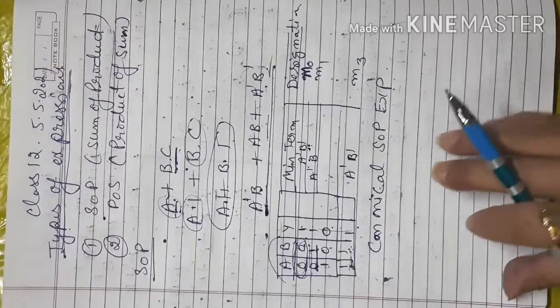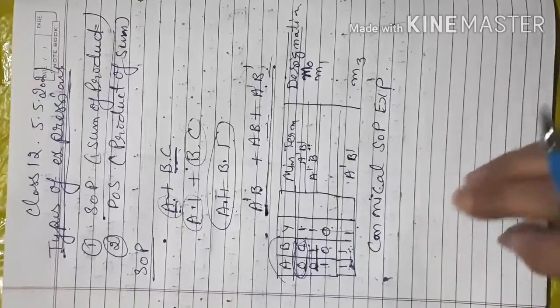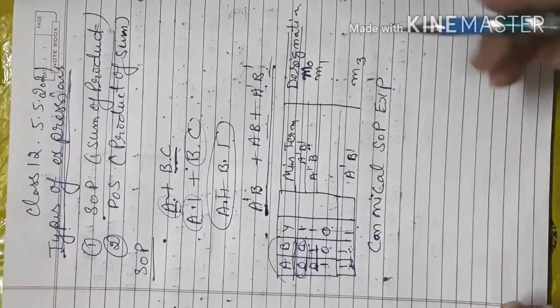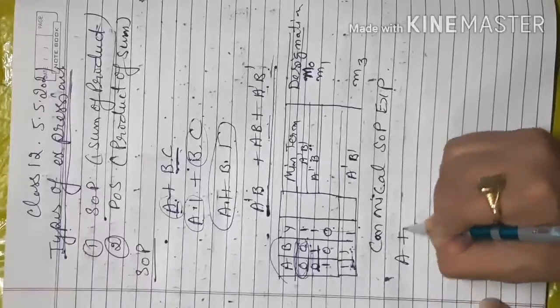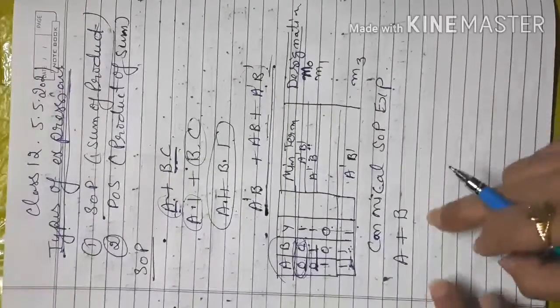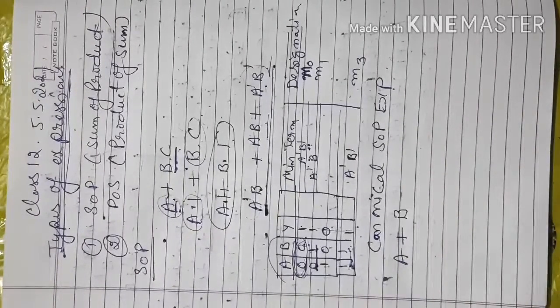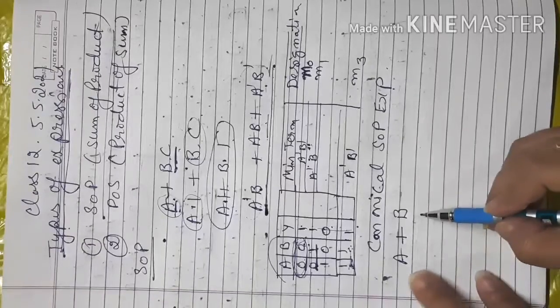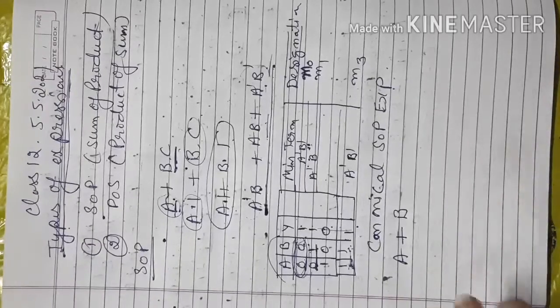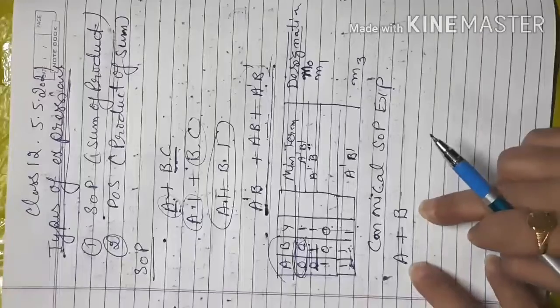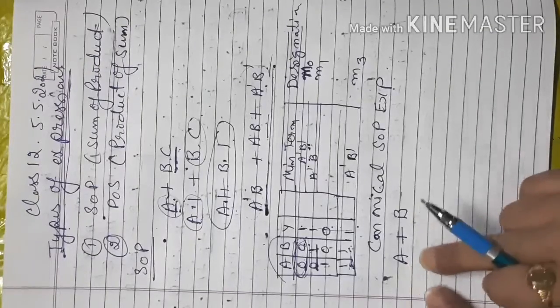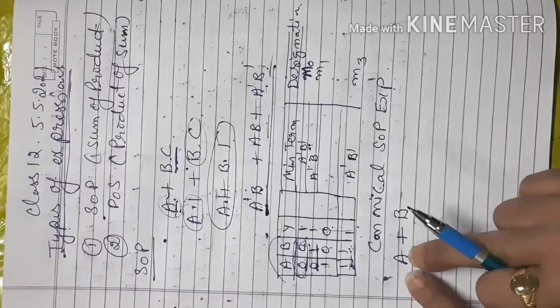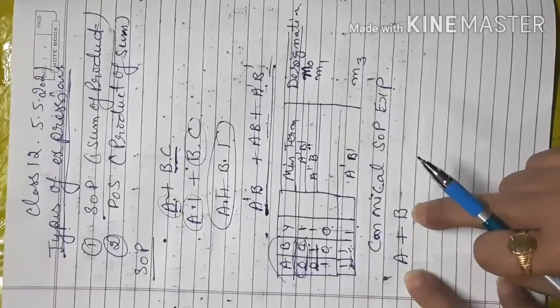What are the rules in this? First you have to find the term in which a variable is missing. Suppose I want to convert this A or B into the canonical SOP expression form. First I have to identify how many inputs are used. So 2 inputs are used. That means in the first case B is missing, in the second case A is missing.